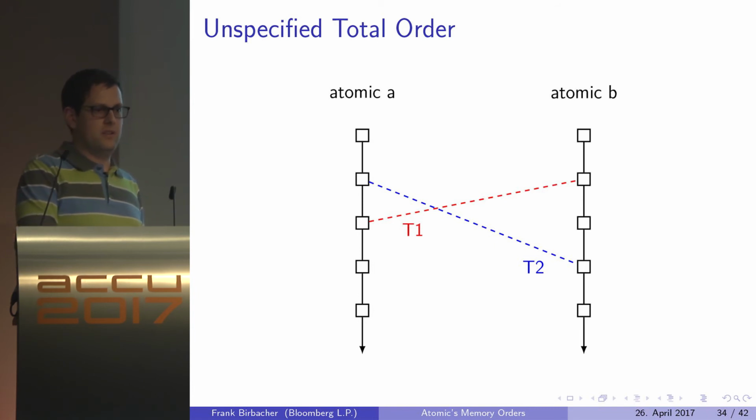This is again related to the physics example, where we don't have a total ordering of two events taking place, because these are two different atomics. And even with acquire-release semantics, there's no interaction between different atomics.